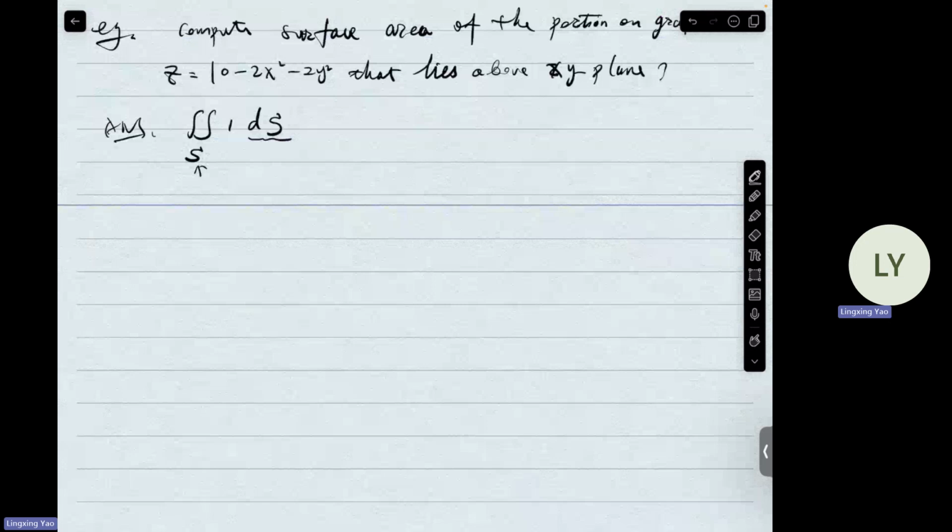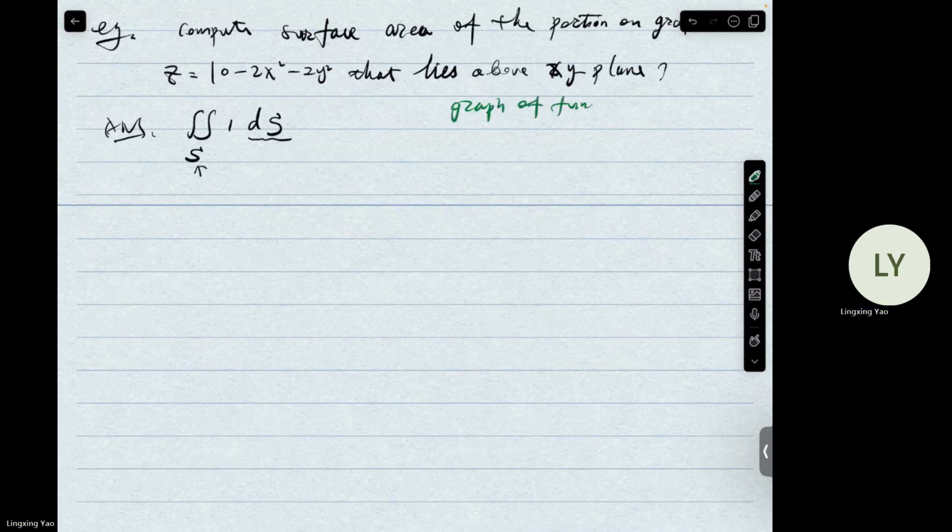Okay, so for this question, we do realize the parameterization is a graph of the function z equals 10 minus 2x squared minus 2y squared. So the parameterization will depend on x and y.